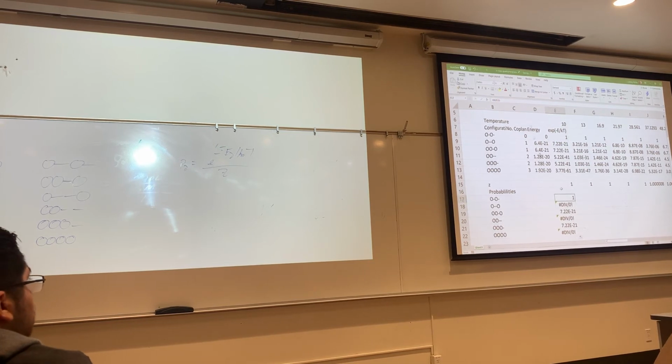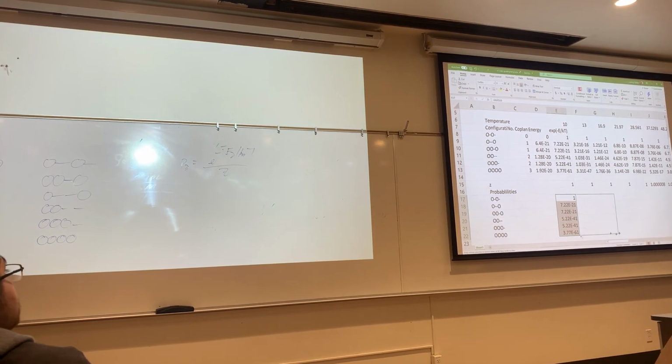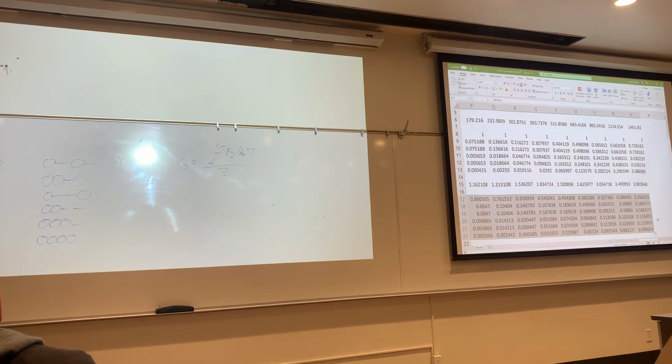So over here, I need to protect that I stay in row 15, and then I'm good. And now I can take this, I think, over to the right hand side. Okay.